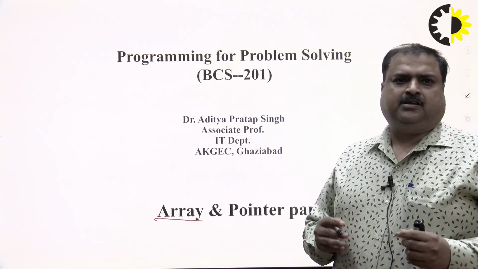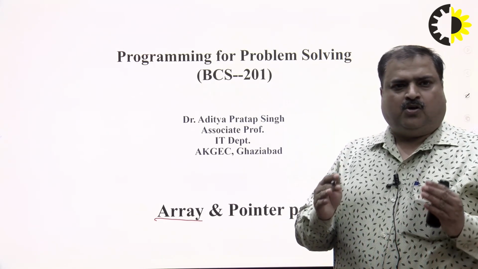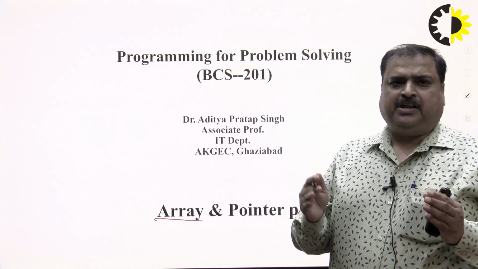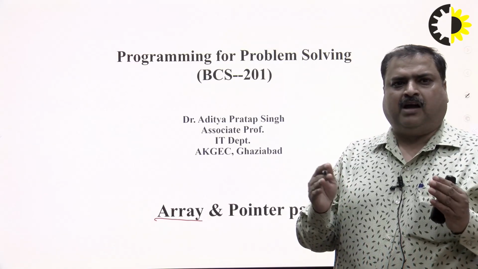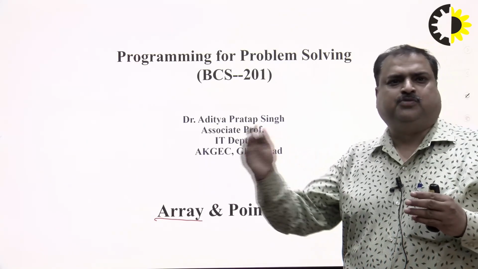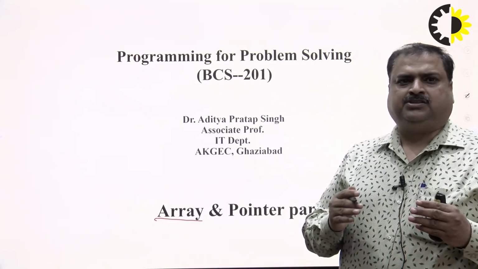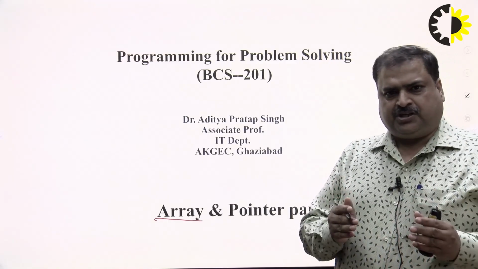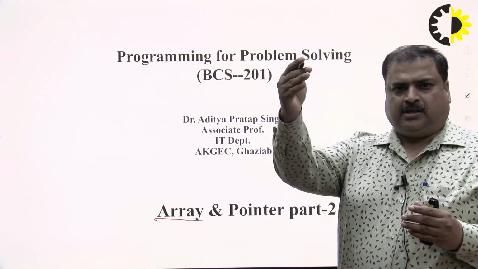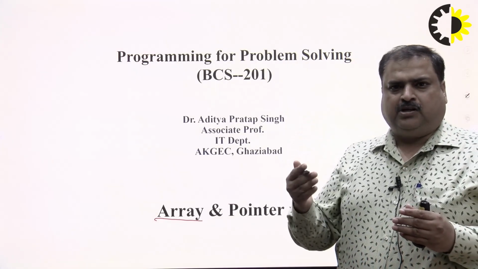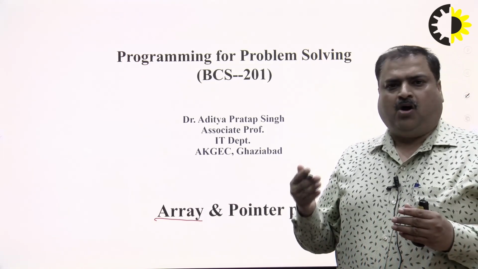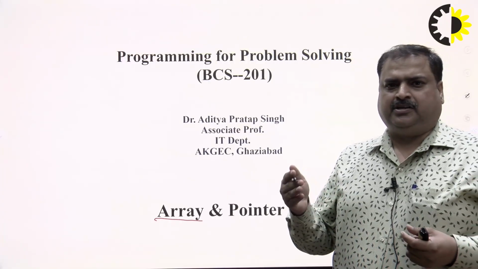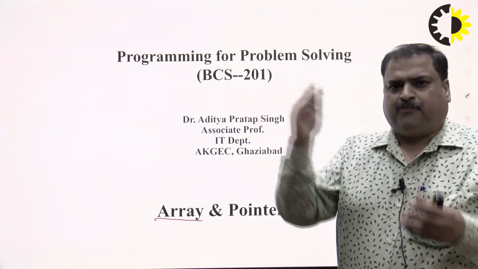An array is a collection of homogeneous data types or homogeneous values. Whenever we would like to have multiple values of similar type, like x1, x2, x3, x4, or a collection like the heights of students, we will either store them in individual variables or we can create an array of that type, like storing height in an array of type float.